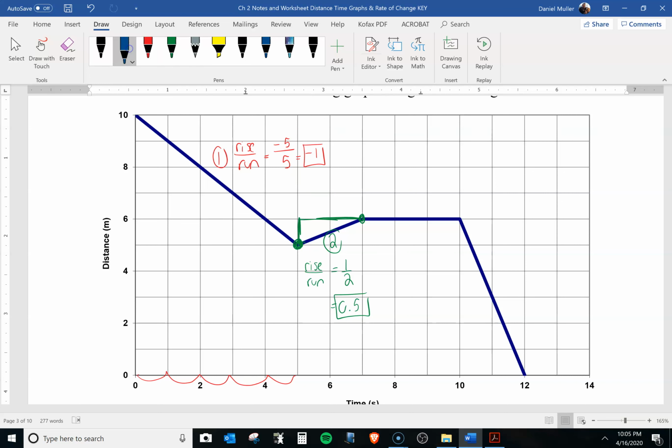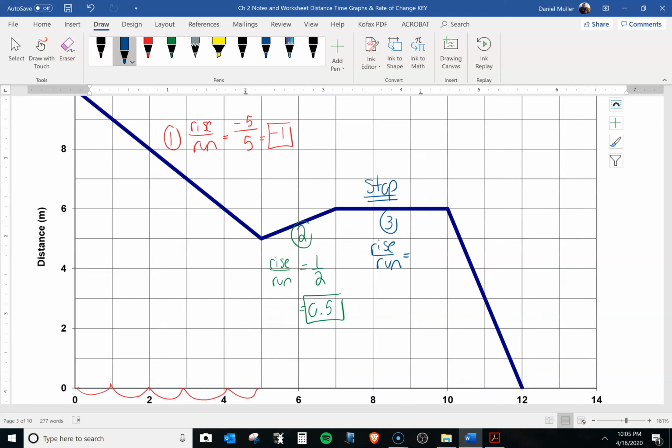Now, this area here, section 3, I'm actually not going to do. You should know what the slope is. You should know what the rise over run is, and that's because it's 0. This is where we stop, and you need to see that right away. Those horizontal things, that's where we have a rise and run of 0.